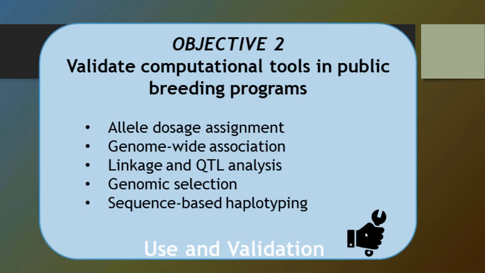Okay, your second objective is to validate the computational tools in public breeding programs. We're working with 6 different crops. We have potato and sweet potato. We have rose and ornamental. We have blackberry. We have turf grasses and kiwi fruit. So all by different programs.